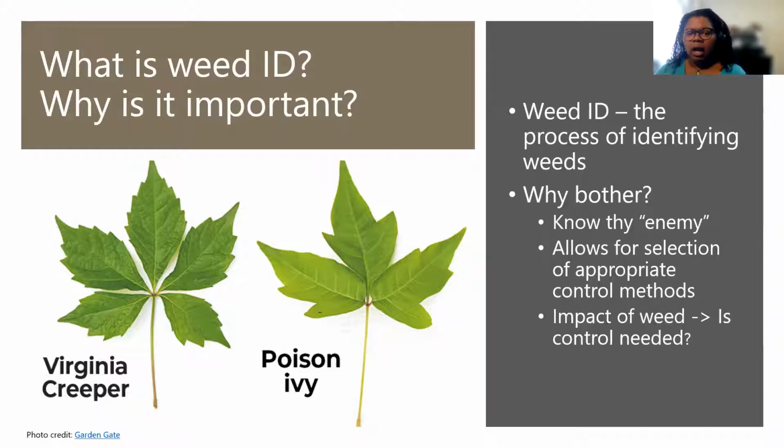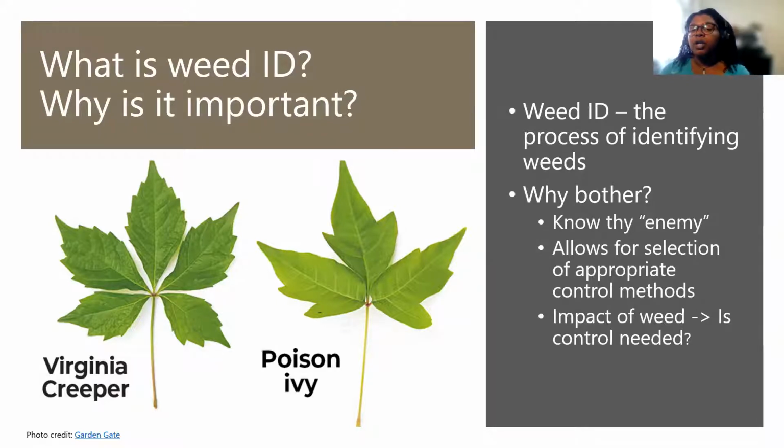Another thing is knowing about potential vegetative reproductive structures. Let's say you have quackgrass in your yard or garden. You know it's a grass, and usually you think, okay, the soil's moist, I can just pull it out. But if you identified it, you would know that it has rhizomes.